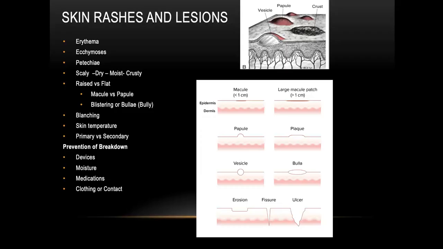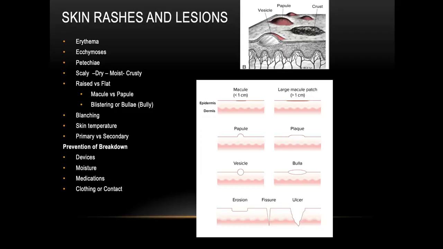Skin lesions are described based on their distribution, meaning their spread, their size, location, and morphology, or form. I just have some of the terminology here, and some of the commonly described lesions or rashes.